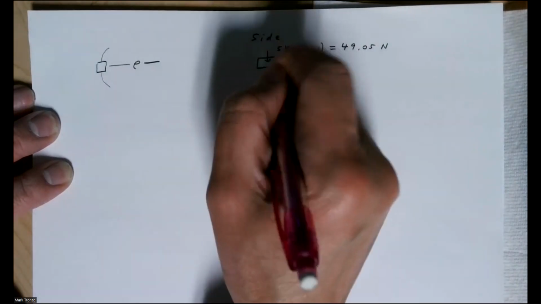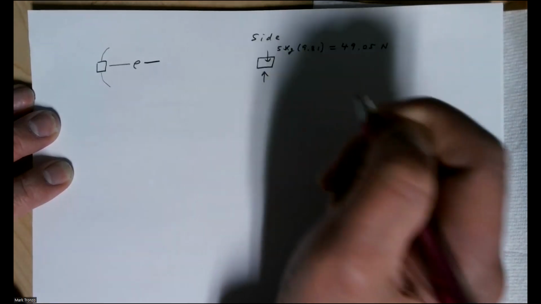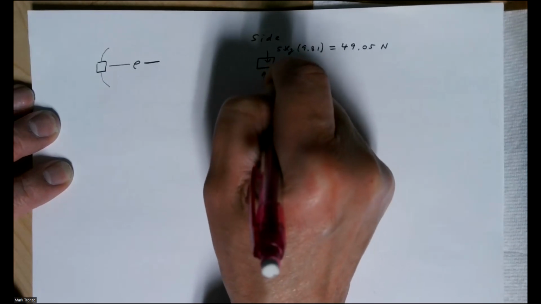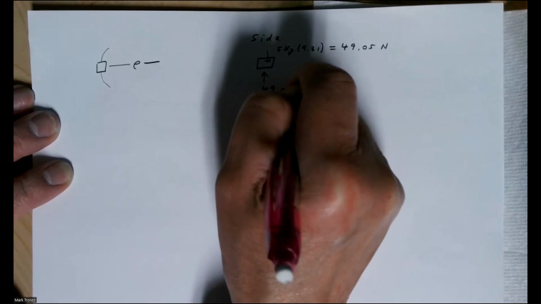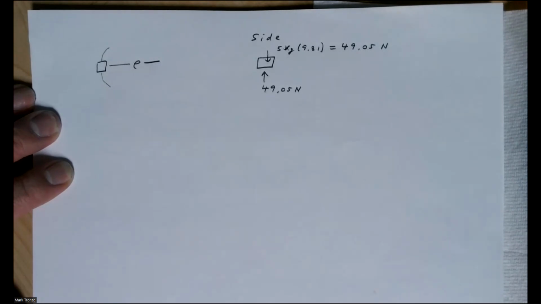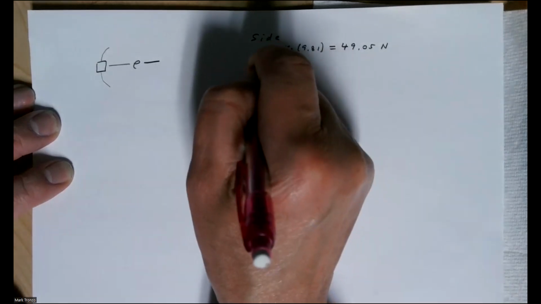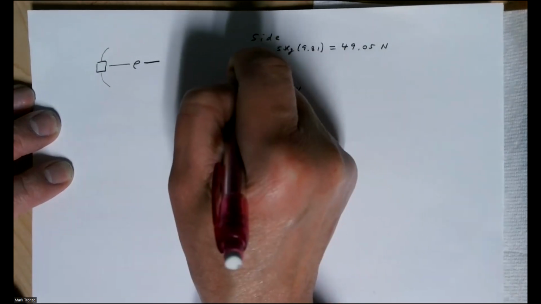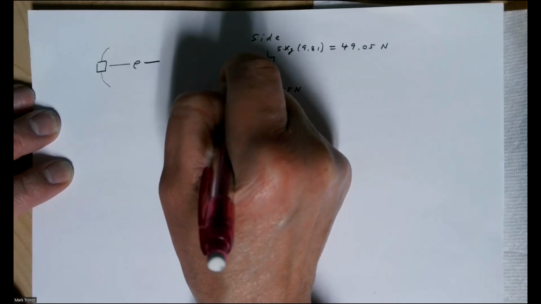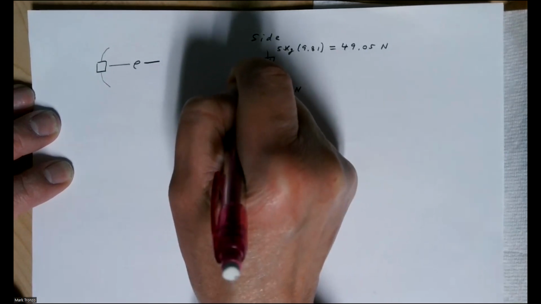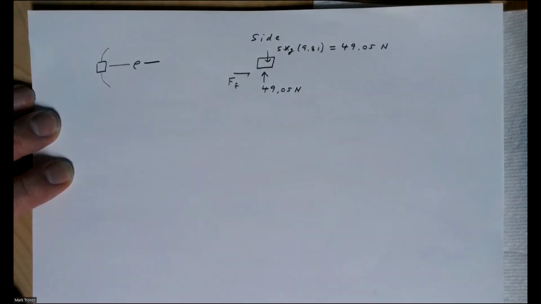So again, looking at the side view, that means the reaction here is going to also be 49.05. And then the friction would keep it from going off. So the friction is going to be in this direction, like this.